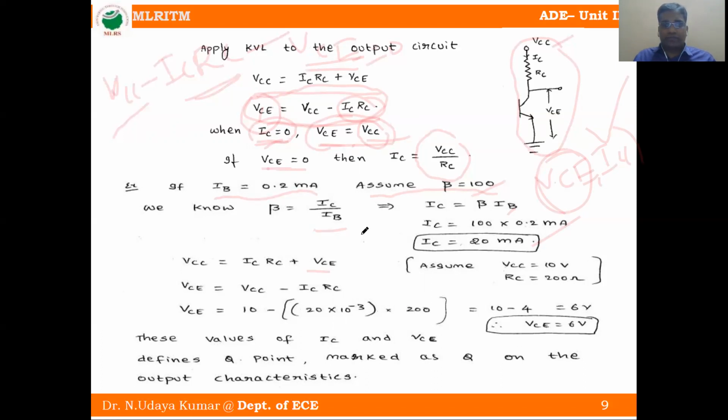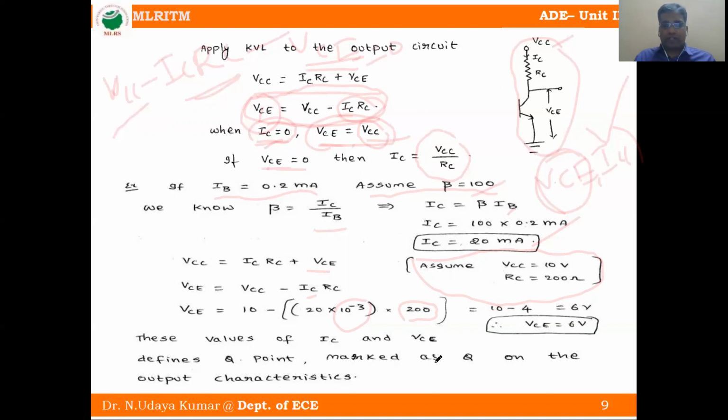Assume VCC is equal to 10 volts and RC is equal to 200 ohms in that circuit. IC is 20 milliamperes, milli means 10 power minus 3, into RC, 200 ohms. Finally we get 10 minus 4, which is equal to 6 volts. So VCE is equal to 6 volts.